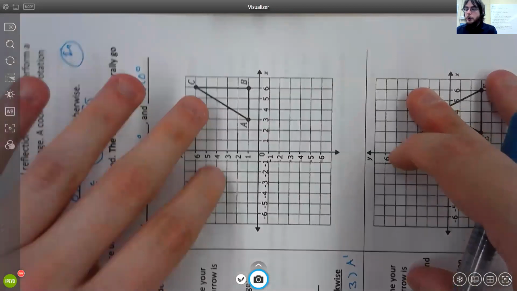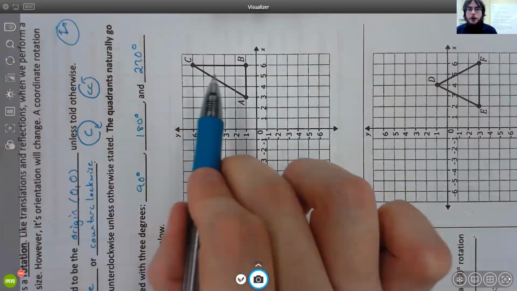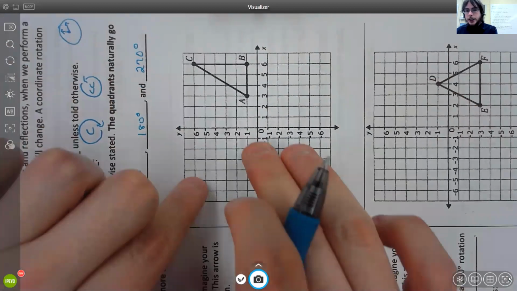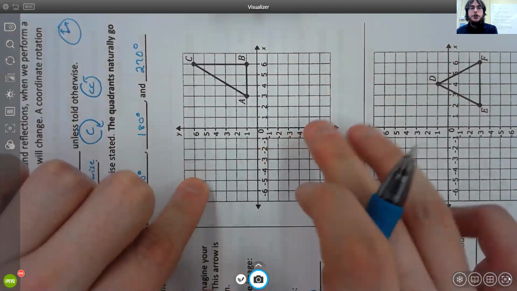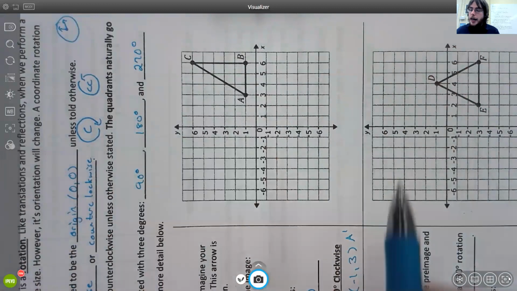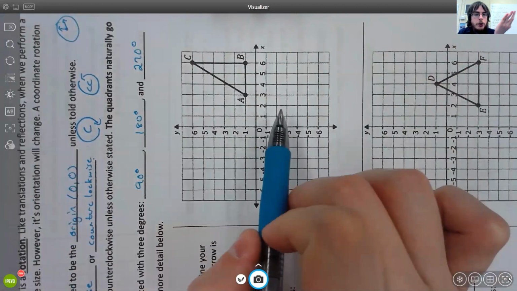Okay, so this is your figure rotated at 90 degrees counterclockwise. Now ignore these numbers here and just look here. Your coordinate grid is still there, and now you have a new coordinate grid.